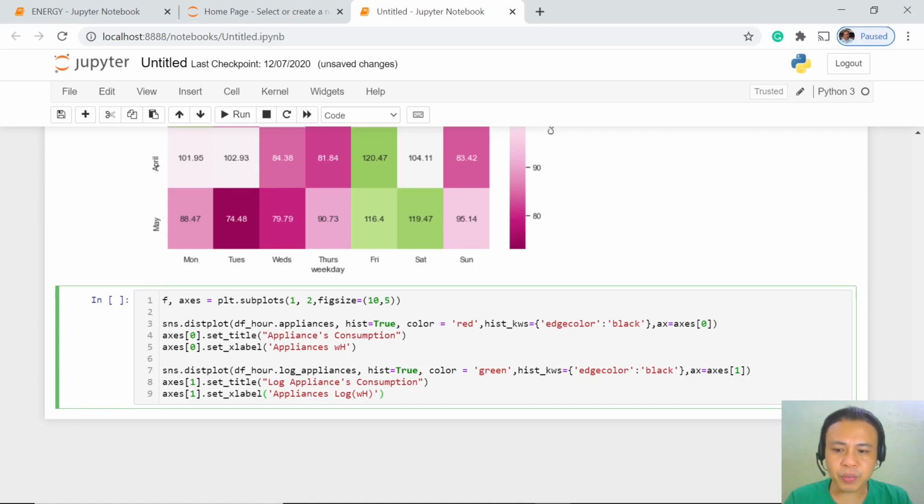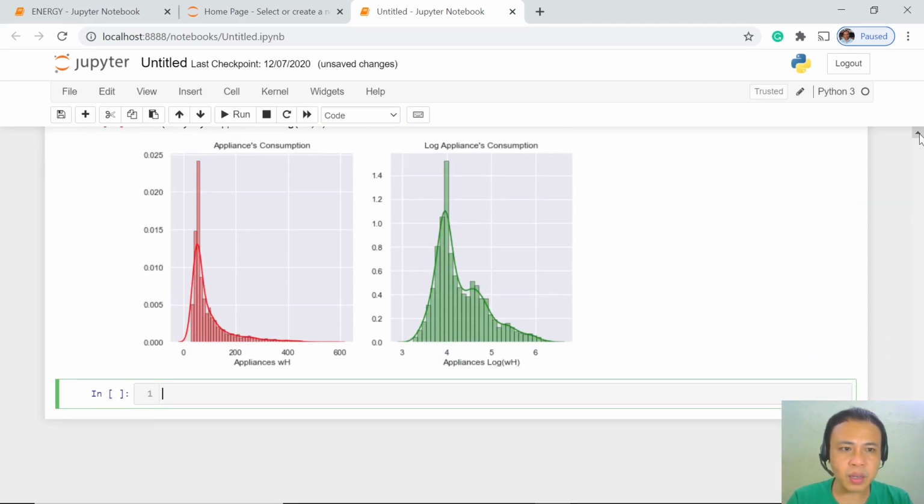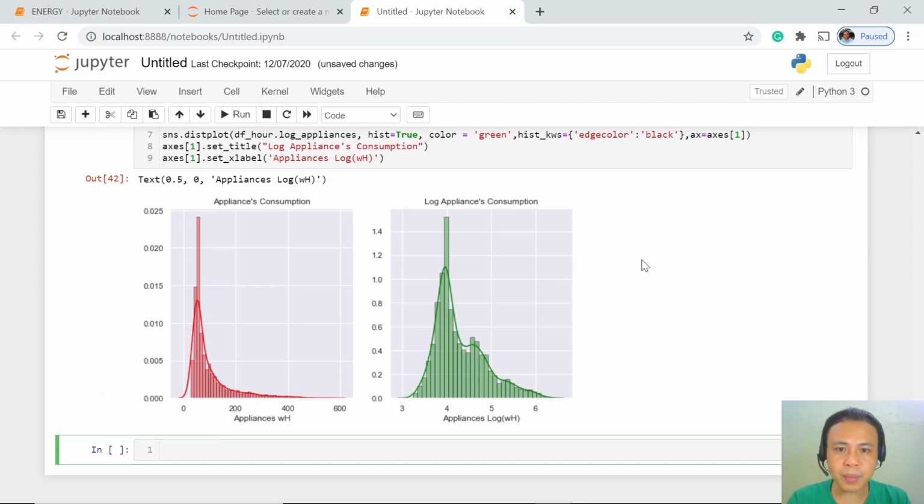Let me first run this. Now we have here the two histograms, and we could see the differences. Here is the one which is already transformed, the log appliance consumption, and here is the histogram of our raw data.